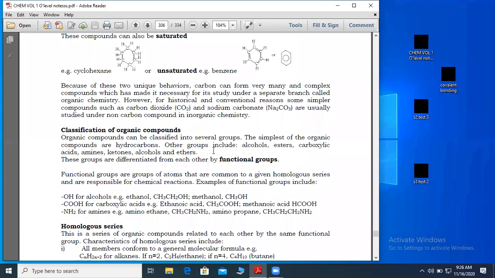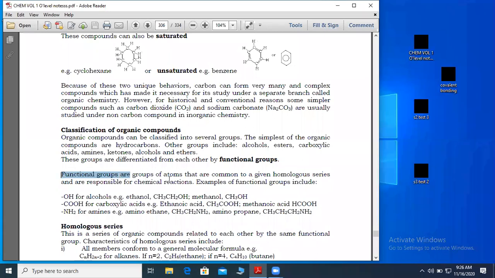Now, I take you to the classification of organic compounds. All these classes we shall look at in our senior 5. But for now, you need to know what a functional group is.